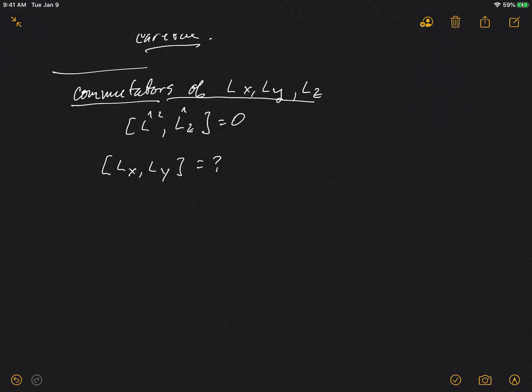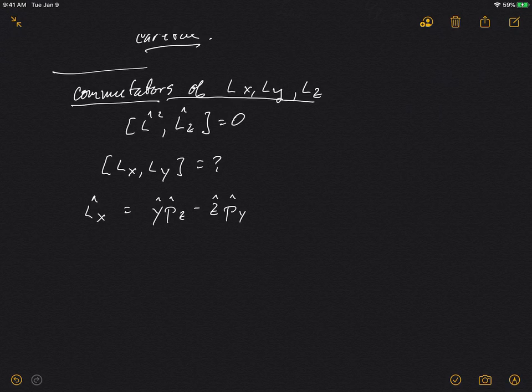So first of all, let's reiterate what our Lx operators are, and we're going to do it just in terms of Cartesian coordinates. Lx equals y pz minus z py.